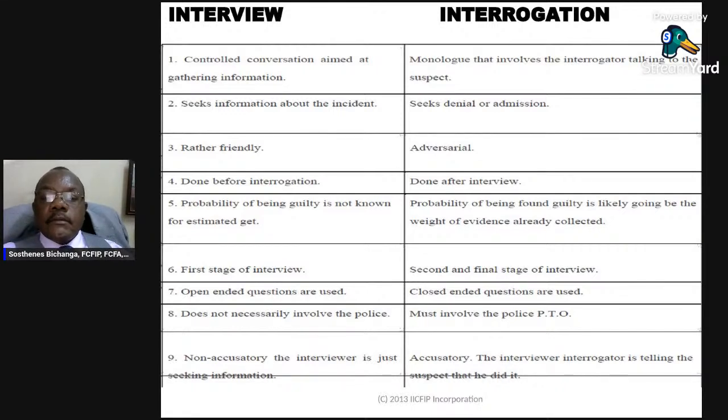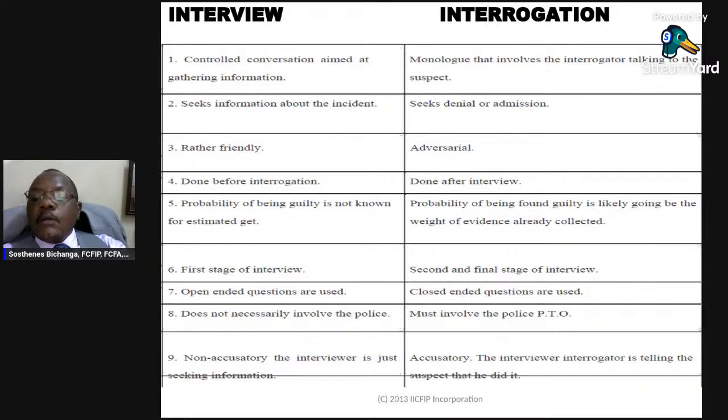Number 3, interview is rather friendly. Interrogation is adversarial. This is where the orthodox investigators, especially those who were employed without proper training in professional investigation, pinch. This is where they press very hard.